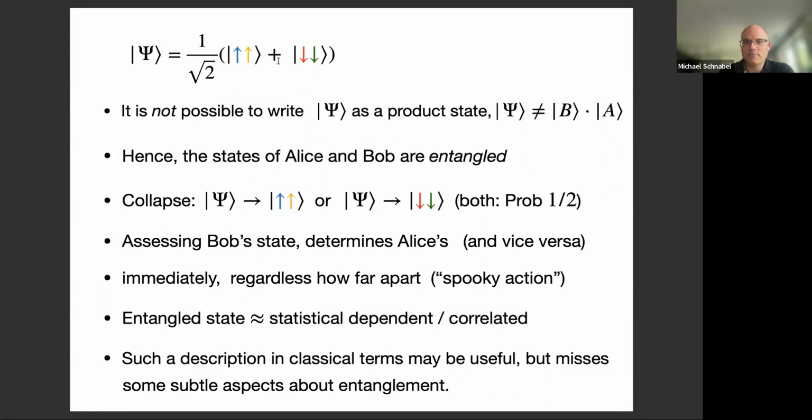But when you think back to the marble example, you could still represent them by a classical mixture of either both up or both down. But then I told you this is not a linear superposition. This would be a classical mixture, which would still be perfect correlation. In both cases it would be a perfect correlation.